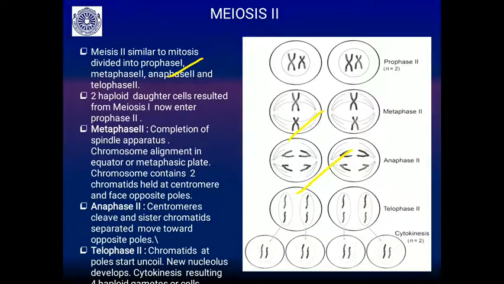In telophase you will see the chromatid sets at the poles start to uncoil and a new nucleus appears, and cytokinesis results in four haploid gamete cells at the end of meiosis II.